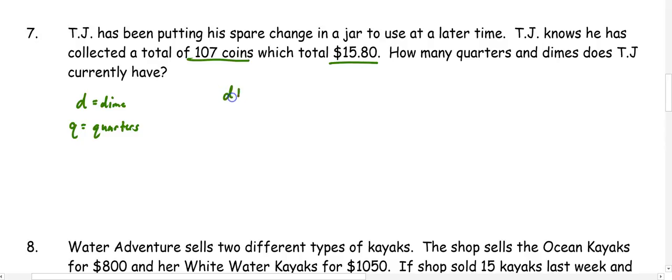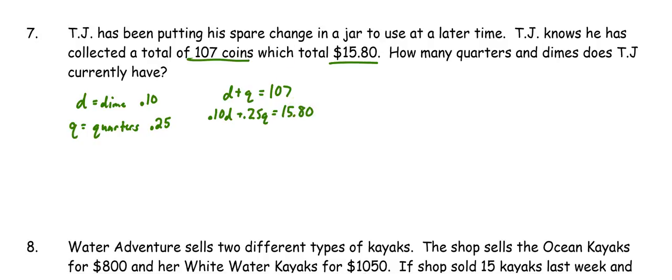So we have D plus Q equals 107. Now usually they tell us the value of the two items, but we already know how much dimes and quarters are worth. So remember that dimes are worth 10 cents, so as a decimal that's 0.10, and quarters are worth 25 cents, so 0.25. So we'd have 0.10D plus 0.25Q equals $15.80.